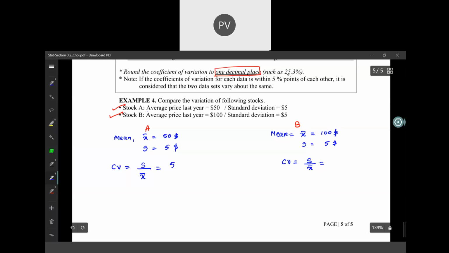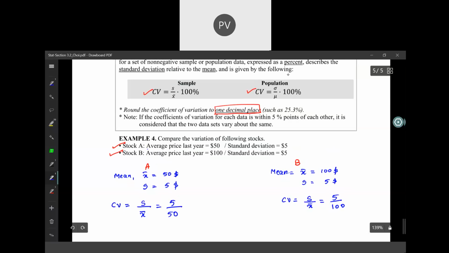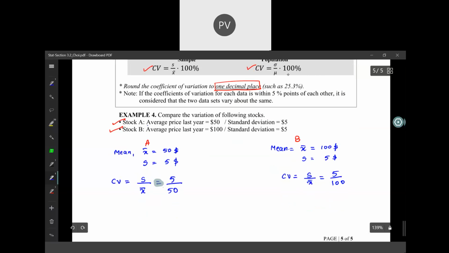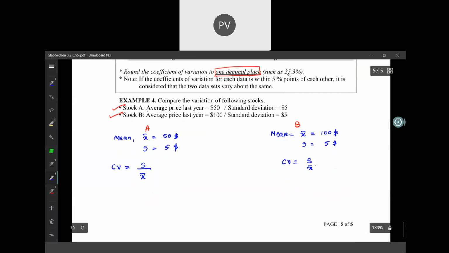S is 5 and X bar is 50. According to the formula, CV is S divided by X bar into 100%. For group A, S is 5, mean is 50, so 5 divided by 50 into 100%.